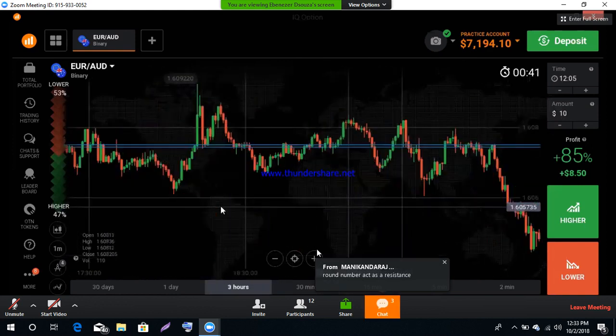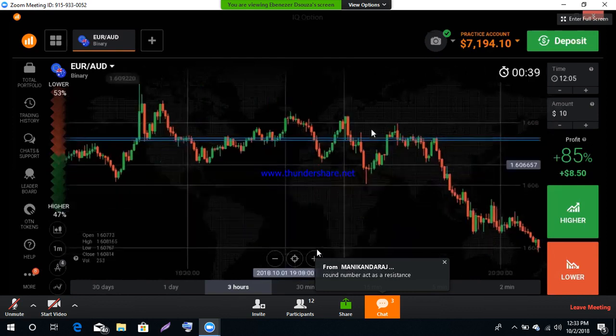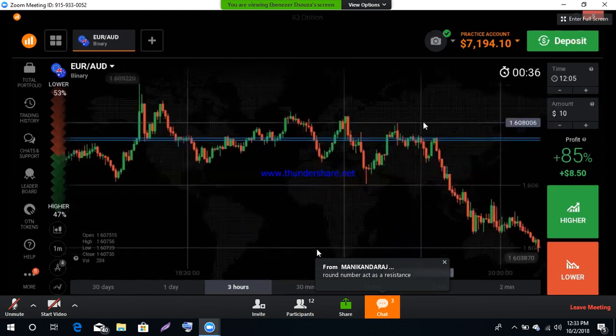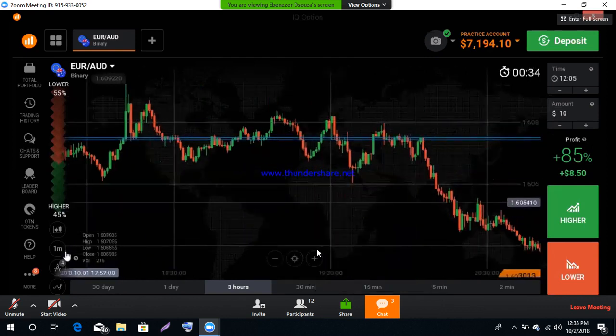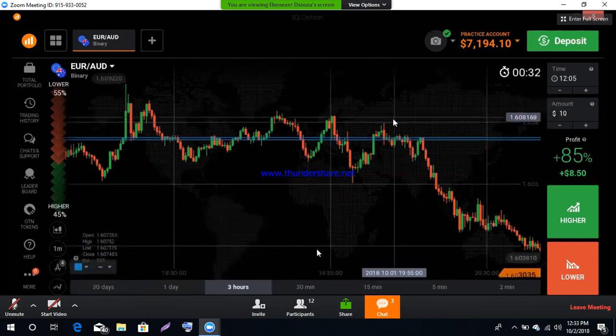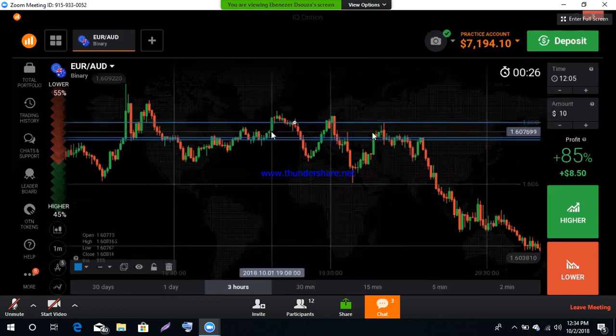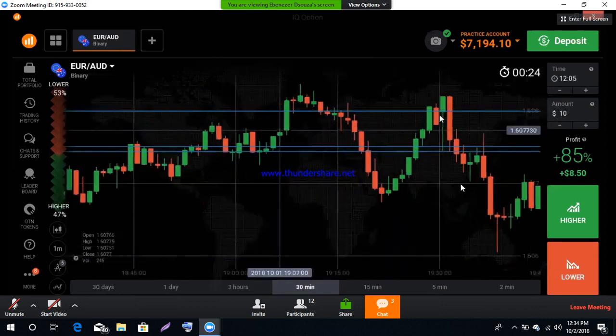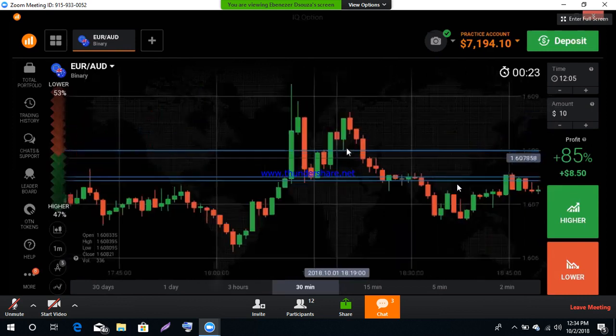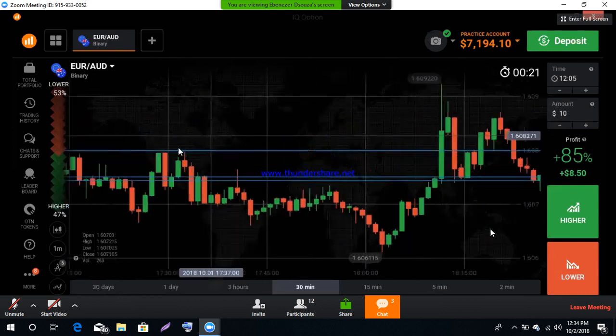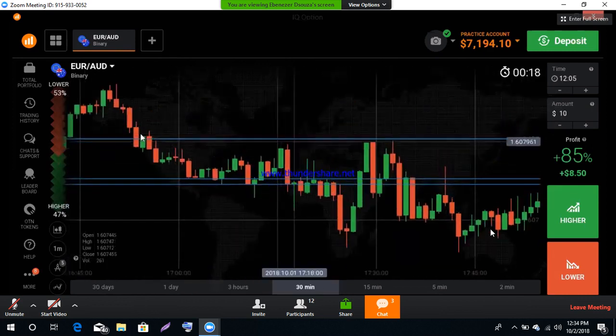Okay. You can see this round number is working here. This round number is working. So you can consider this as a strong level. This round number is working here, here, here. Even on the breakout, it reverses from the same level. You can see it is working.